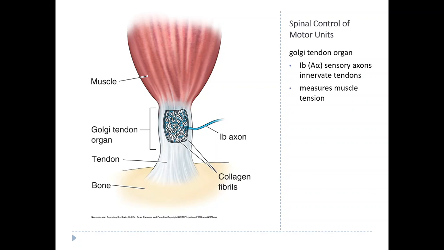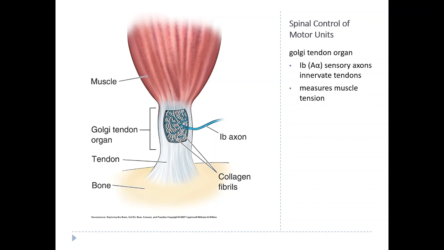Collagen is an important sort of extracellular protein in your body. In fact, it's probably the most abundant protein in your body of all the individual proteins that you make. And so it's found all over the place, but especially important in tendons. It's very strong, but very flexible, and it's important for just keeping the muscles attached to the bone.